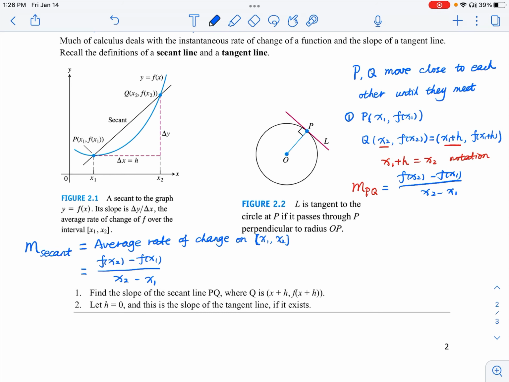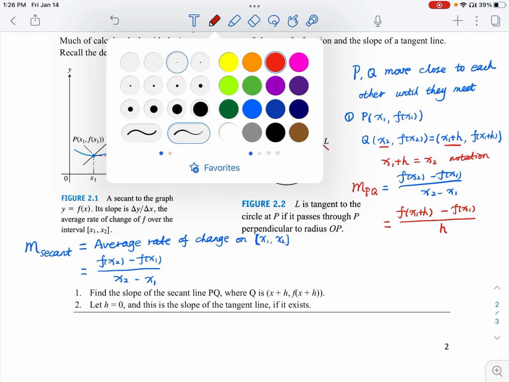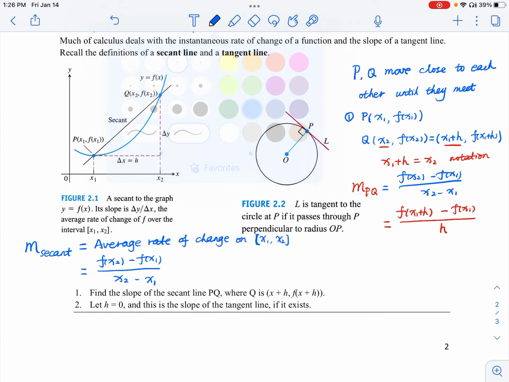Since over here we decide to write everything in terms of x1, we can rewrite f(x2) as f(x1 plus h), and f(x1) keep the same. The denominator x2 minus x1, that's the difference, which is h. In this case, we do not use x2 as the notation. We use x1 plus h. That's the first step. You can find the slope of this secant line.